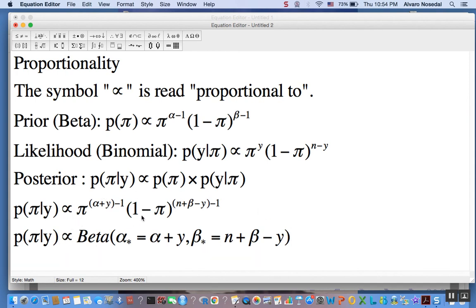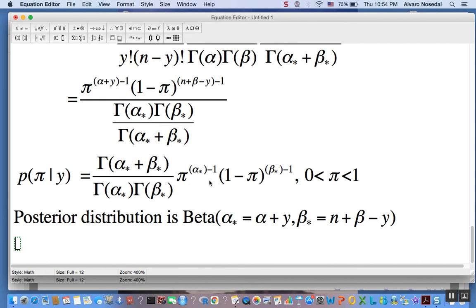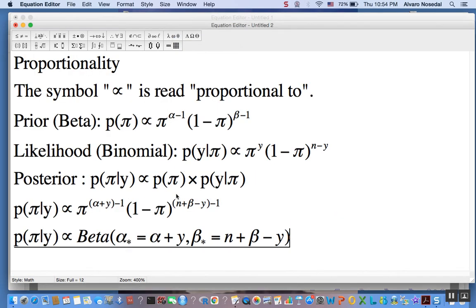And we did the math here step by step, so we end up with the right distribution and with the right parameters. In the future we're going to be using this idea of proportionality more often, as a shortcut. Okay, make sense?